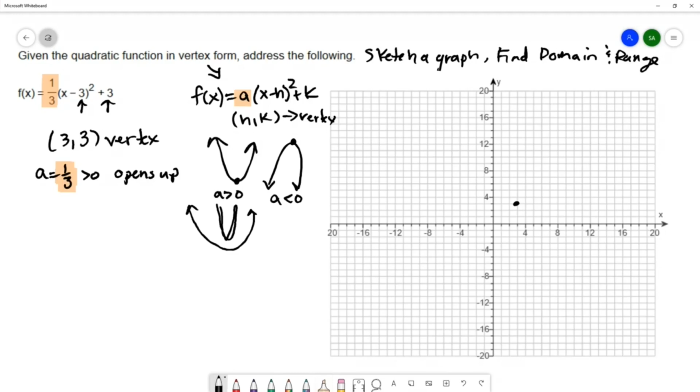When a is equal to 1, that is our base function, and if we think about what that graph looks like, we have (0, 0), 1 squared is 1, negative 1 squared is 1, and so you can see that that point is 1 over and 1 up from the vertex. But when a is equal to 1/3, that point will be, instead of 1 up, 1/3 up.